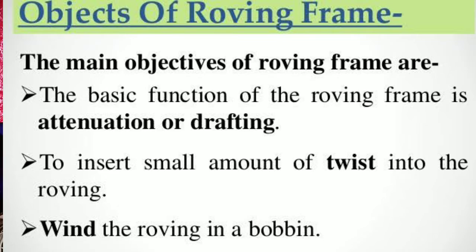Actually, that sliver is passed through a roller drafting system, and a slight twist is given in the roving, and it gives a certain amount of strength to hold the fibers in the roving.